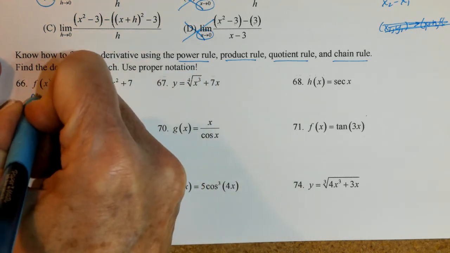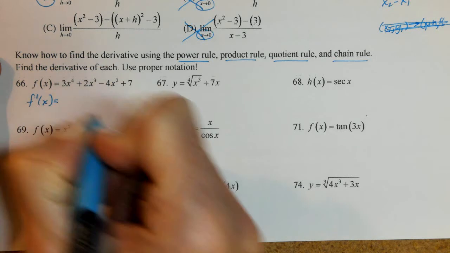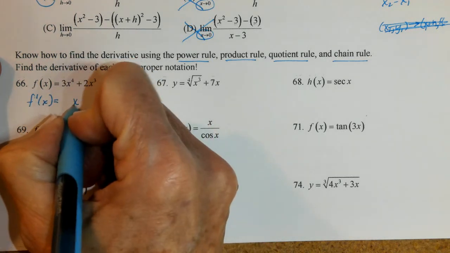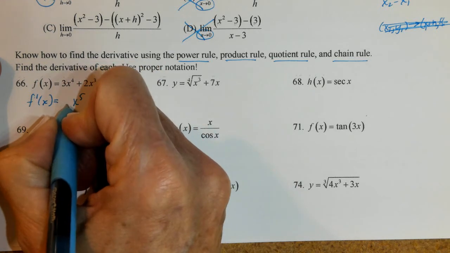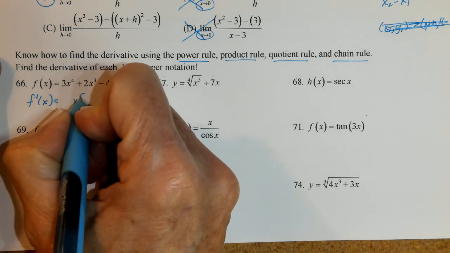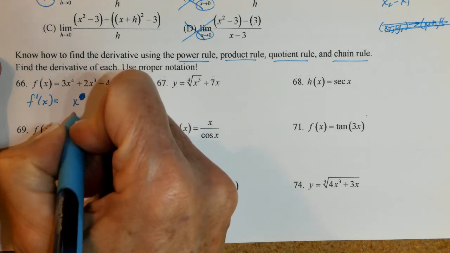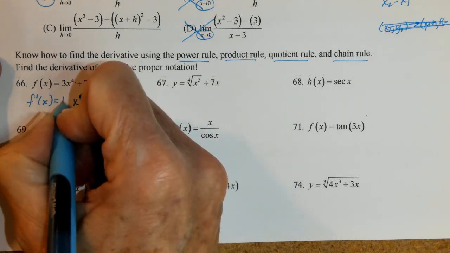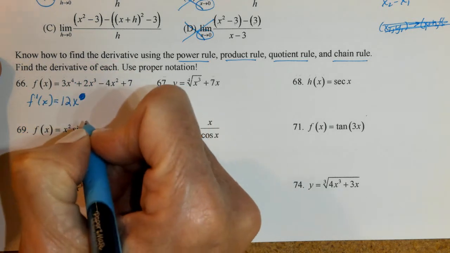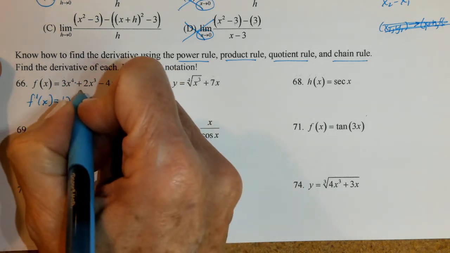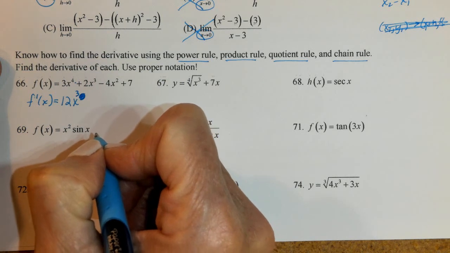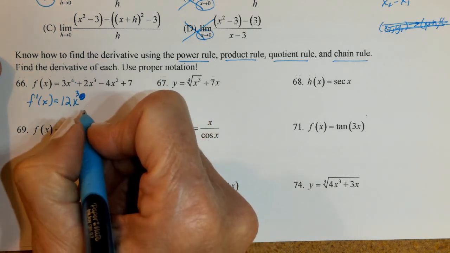So the derivative is equal to... sorry, I'm doing the integral. Multiply your power times the coefficient, that will be 12, and then subtract 1 from your power, and that's a 3. So 12x cubed, okay? Alrighty.